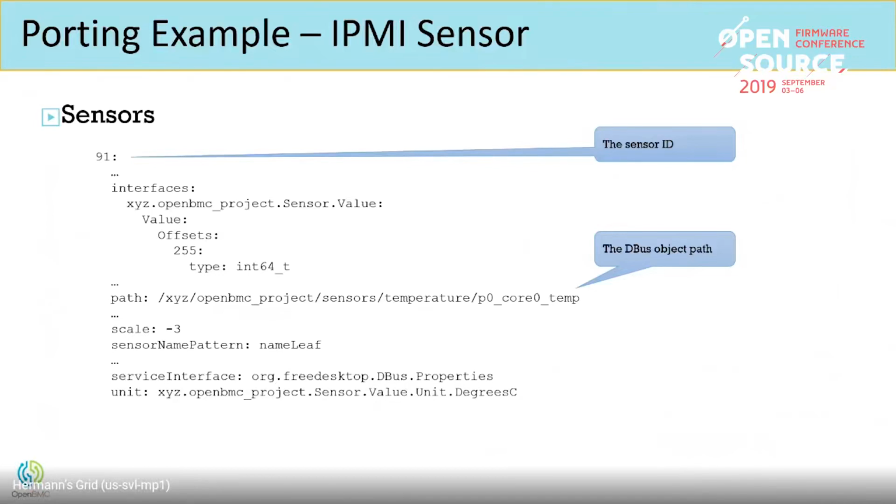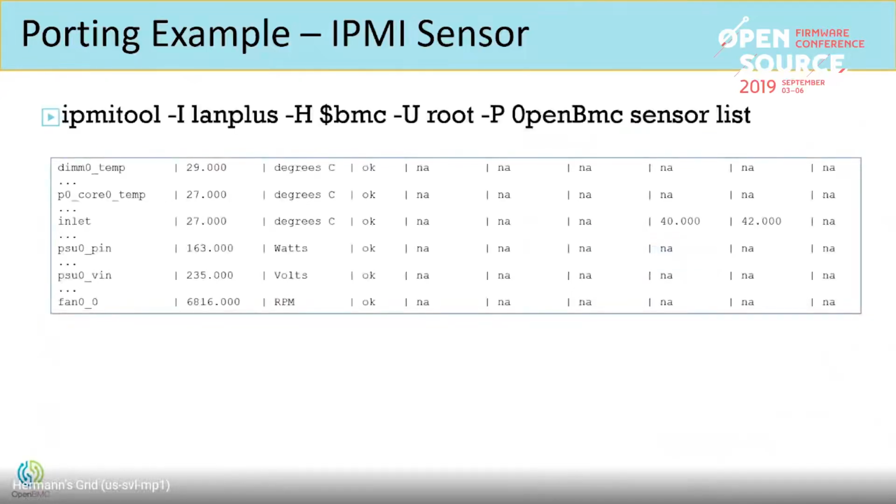It is a temperature sensor. We will have a lot of such configs to map all the dbus sensors to IPMI. For example, if you use ipmitool to check the sensor list, we see the DIMM temperature, the CPU core temperature, and so on.